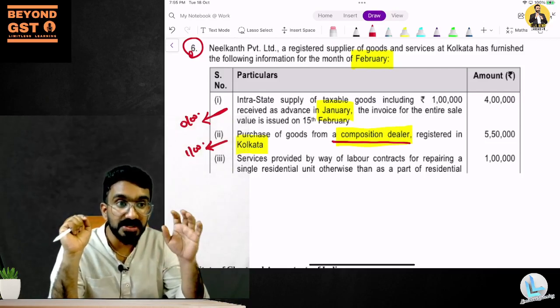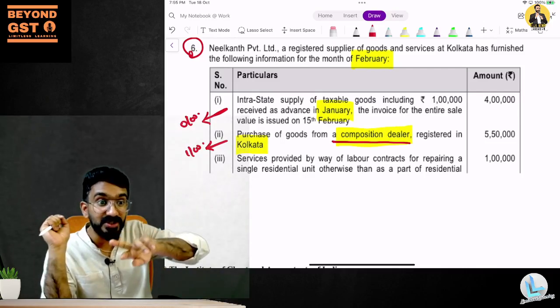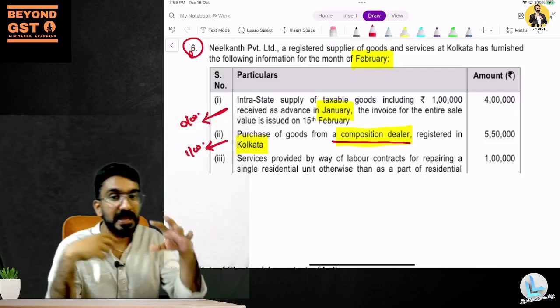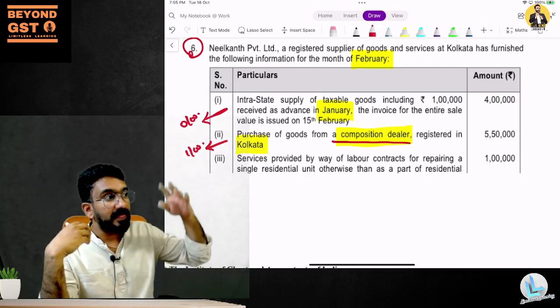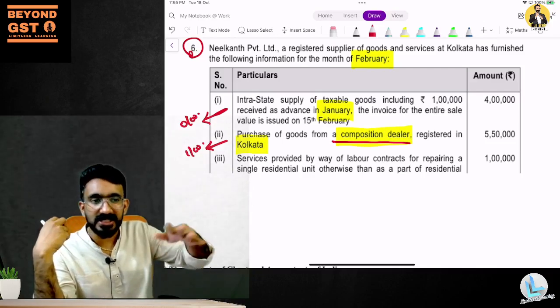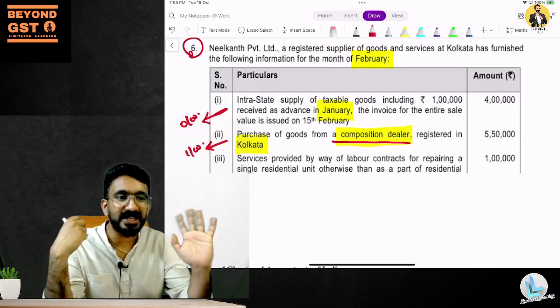Now, the most important thing is that if it's a trader, then it's 1% on taxable turnover. If it's a manufacturer, it's 1% on turnover. That's the difference. Now, the important point you need to understand: can a composition taxable person collect taxes from you? No, he cannot collect taxes from you.